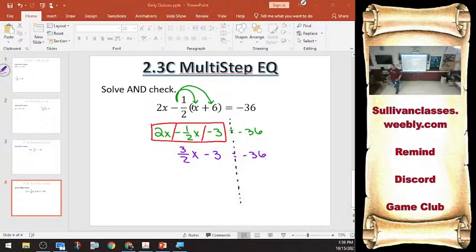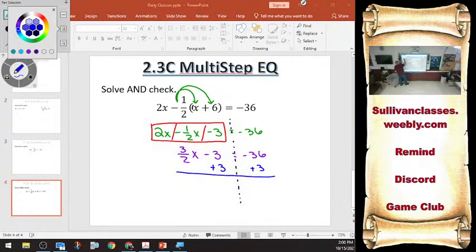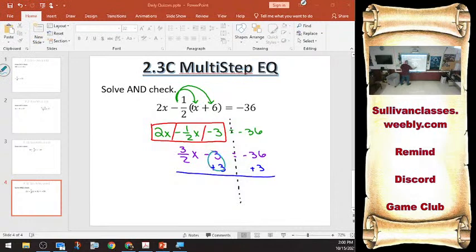That was kind of the whole idea behind 2-3. You have to clean some stuff up before you can start moving things around. If you're going to rearrange your room, you might want to move that mess underneath your bed. Now that I've cleaned it up, I add 3 to both sides. I show that this zeroes out, and then negative 36 plus 3.